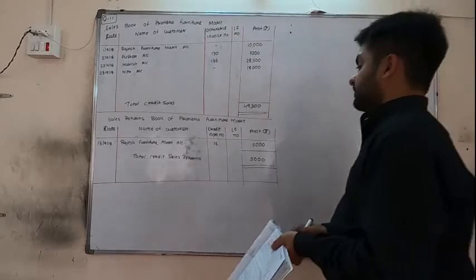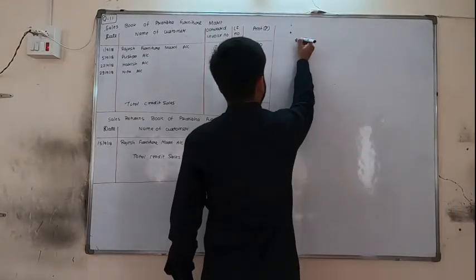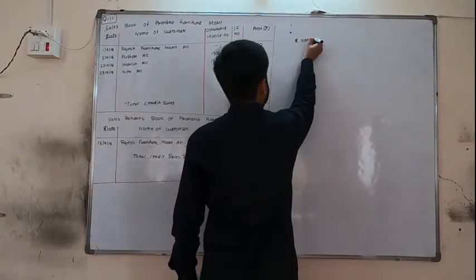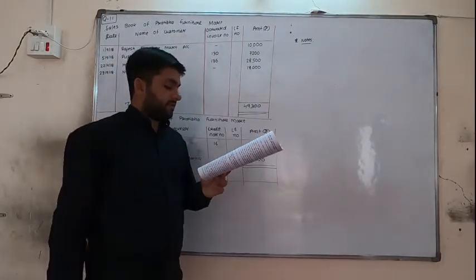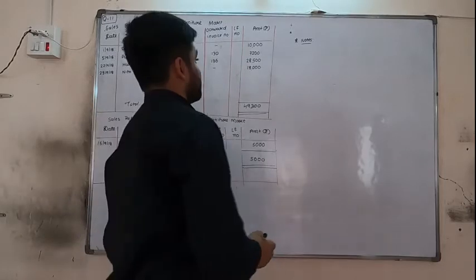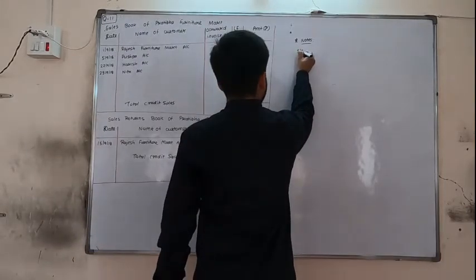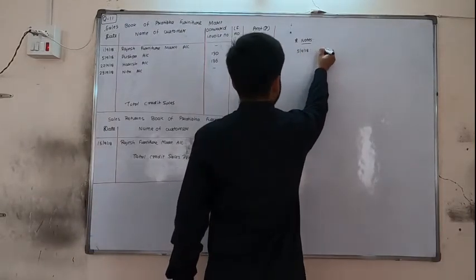Okay, now notes. There are lots of mistakes in previous answers. Okay, which we have not recorded, which we have underlined. Okay, for fifth transaction, labor charge 5,980.